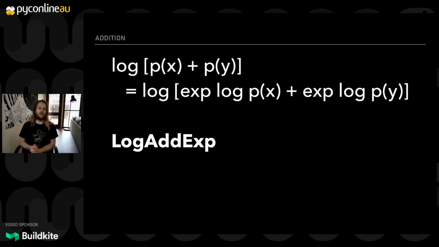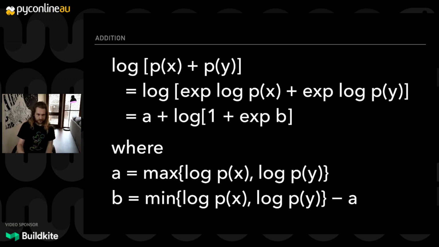There is a trick we can use to do this accurately, though, and it's called LogAddExp. I will describe it, but don't feel like you need to know it because NumPy implements it for you. In this particular trick, we find the maximum of log p(x) and log p(y), and we name that a.